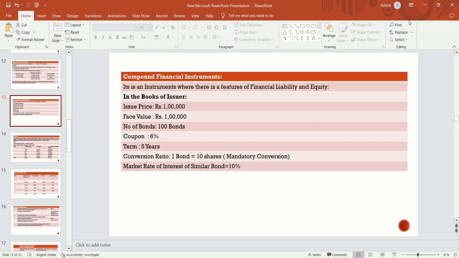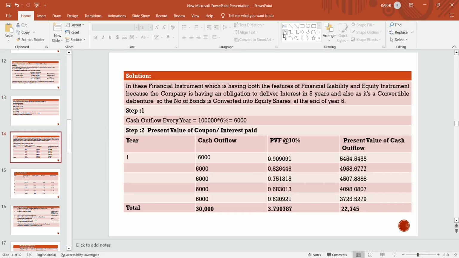And the market rate of interest on a similar bond is 10%, that is, what the market rate of that bond is in the market. So how it is to be accounted, recognized and measured, we will find out.